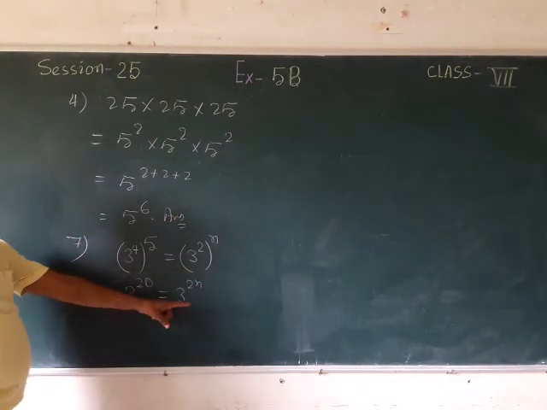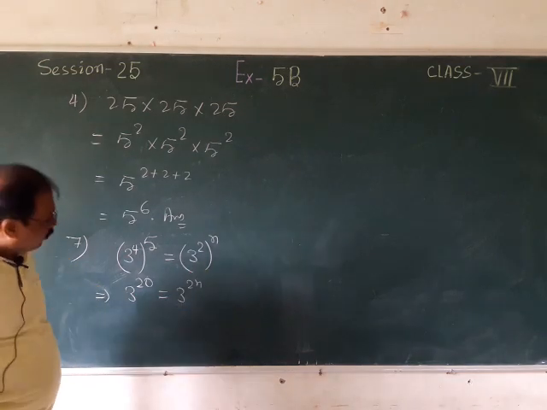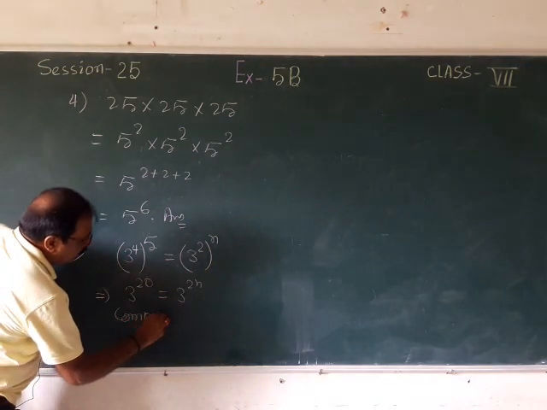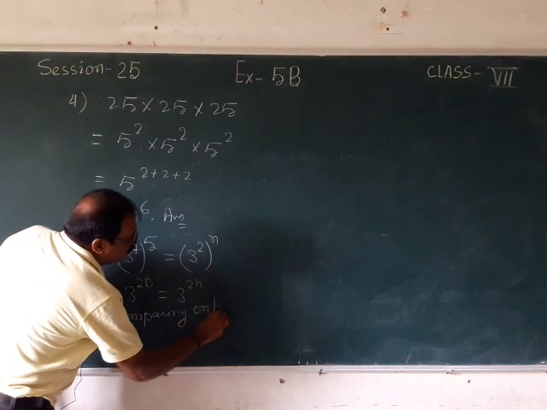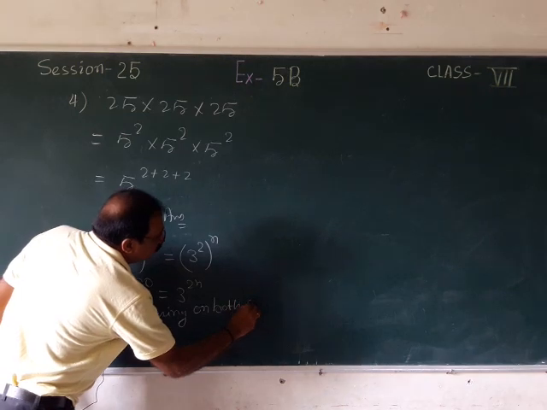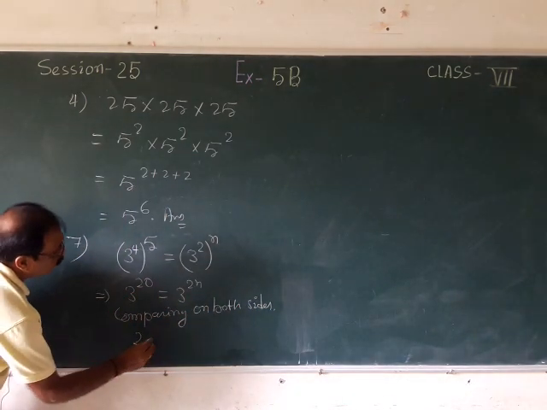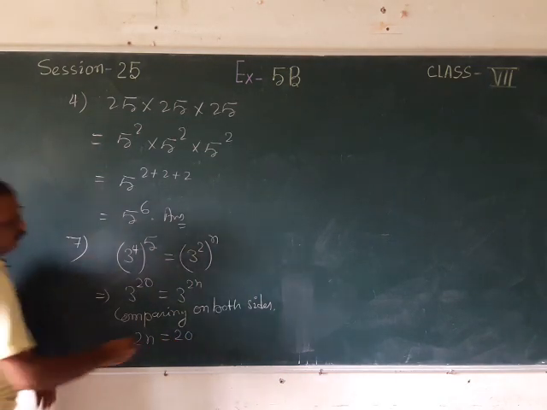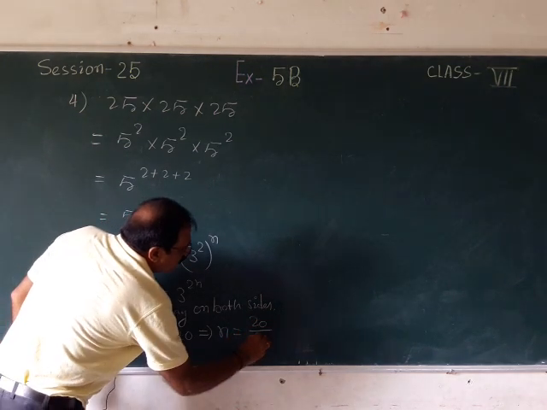Here if the bases on both sides are the same, that means the powers are also the same. You need to write comparing on both sides. Then 2n is equal to 20, that means n equals 20 upon 2.